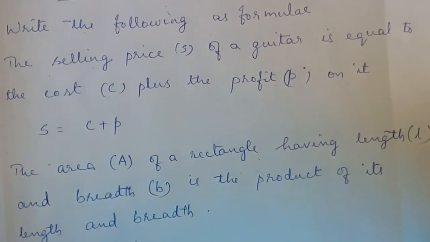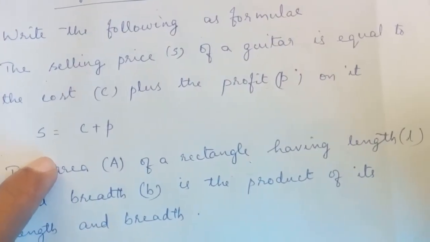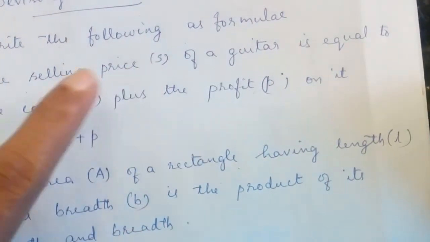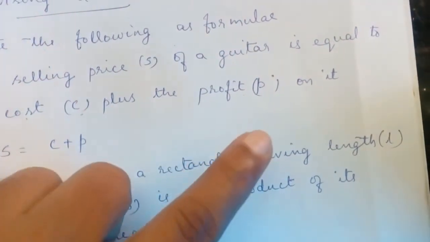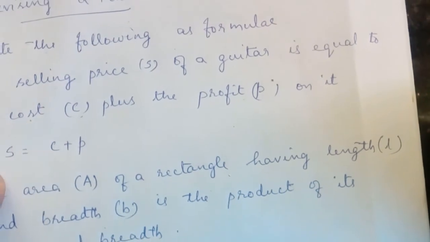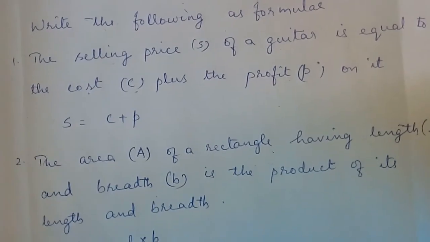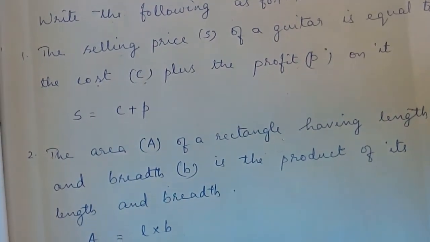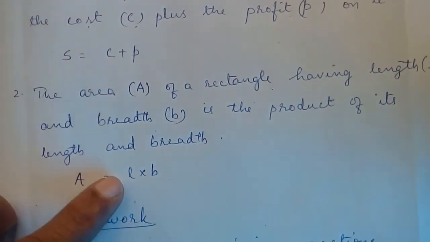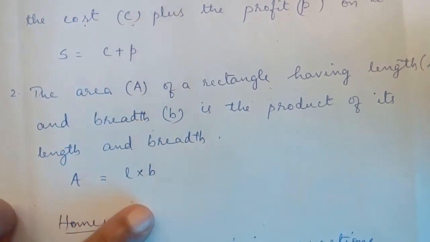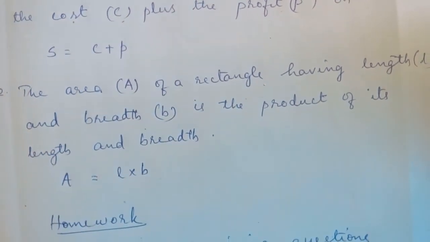There we are using letters which denote the different terms. Here S represents the selling price, C the cost price, P the profit. So S is equal to C plus P. That means here we are finding the formula, creating equations. Here also A is equal to L into B. A represents area, L means length, and B means the breadth of the rectangle.